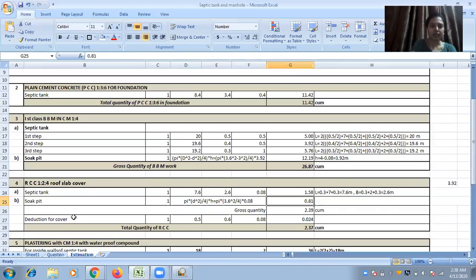That means there is a deduction for the manhole cover: 0.5 by 0.6, thickness is 0.08, that is 0.024. To get the net quantity of RCC roof slab, 2.39 minus 0.024, that will be 2.37 cubic meter is the quantity of RCC roof slab.